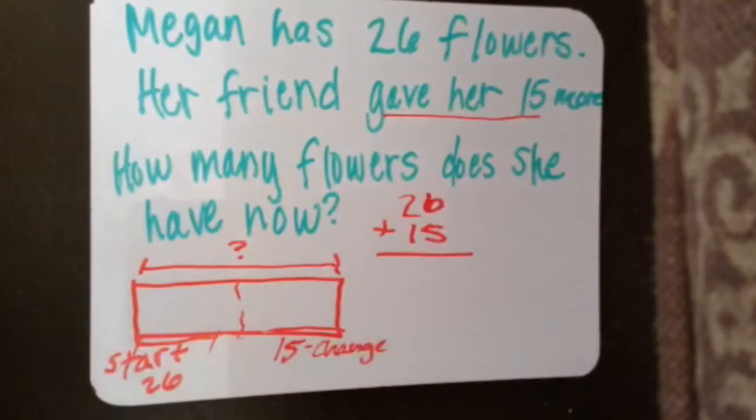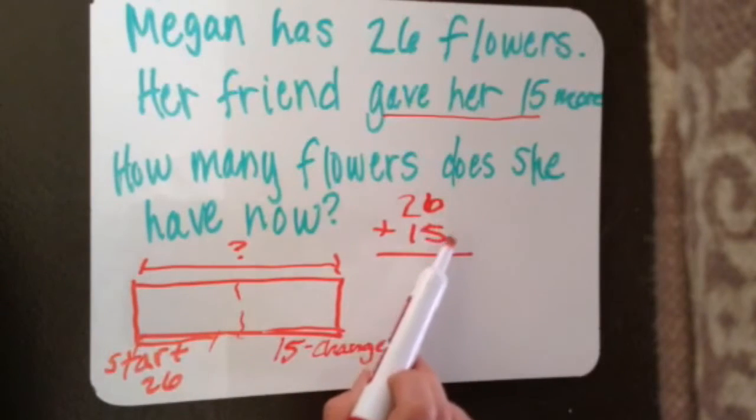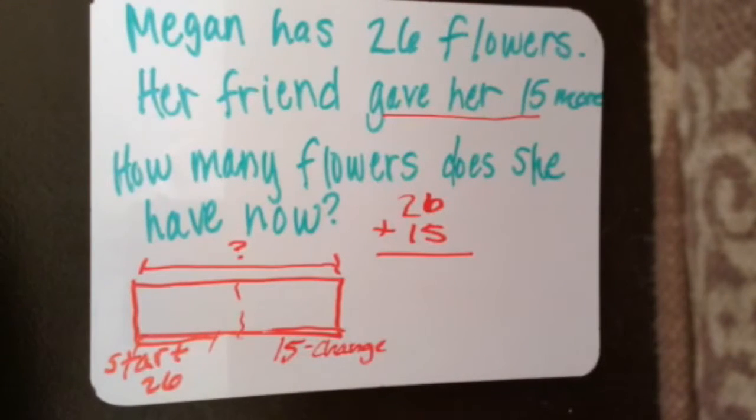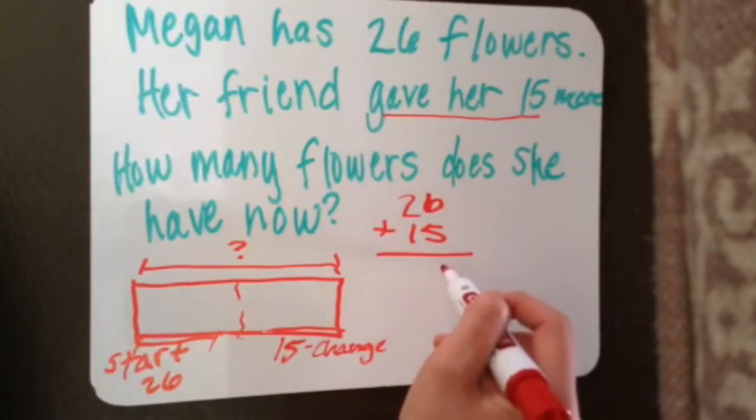To start with this, we have to remember our previous lesson about regrouping. When we regroup, we have to remember that we are carrying over a 1. So when we look at 6 plus 5, we know that that is what? 11.